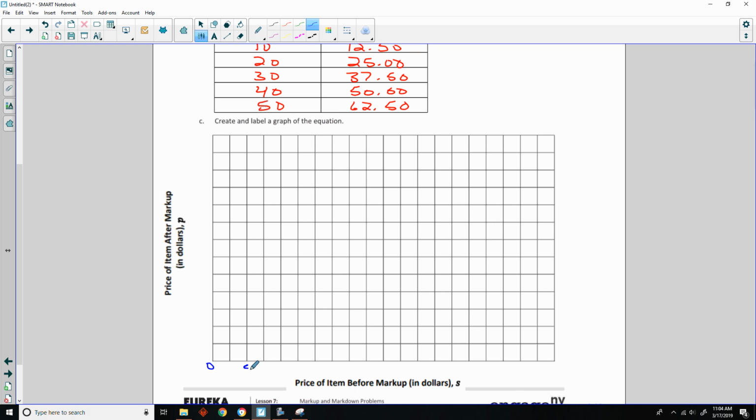Okay, so we can make each increment 2.5, or go like this: 5, 10, 15, 20, 25, 30, 35, 40, 45, and 50. I like to fit the graph as much as possible into what we're given.